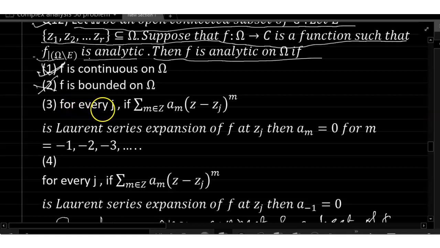Number 3, for every j, if m belongs to Z and a_m times (z minus zj) to the power m is the Laurent expression, if at zj a_m equals 0 for m equals minus 1, minus 2, minus 3.